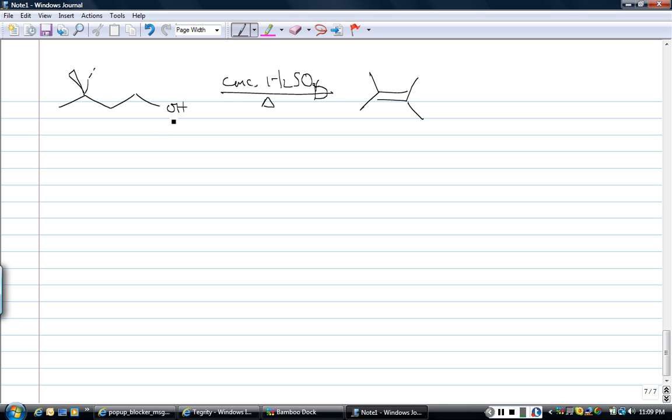Now, if I look at this, I would say immediately this is an elimination reaction. And how do I know that? Well, for heaven's sake, I have no pi bonds in the starting material. I have a pi bond in the product. So I've formed a pi bond. That is one of the requirements of an elimination reaction.